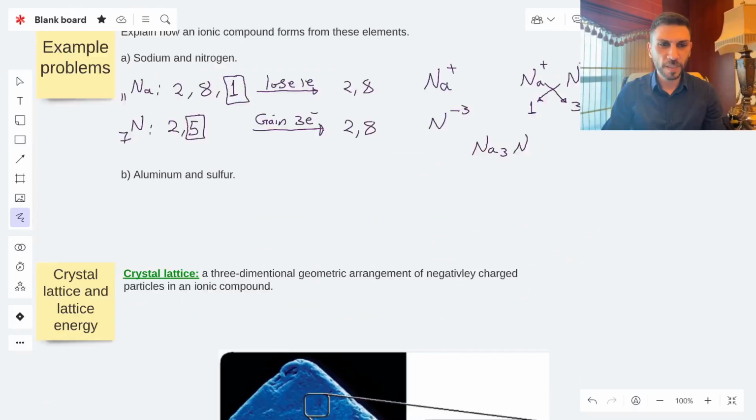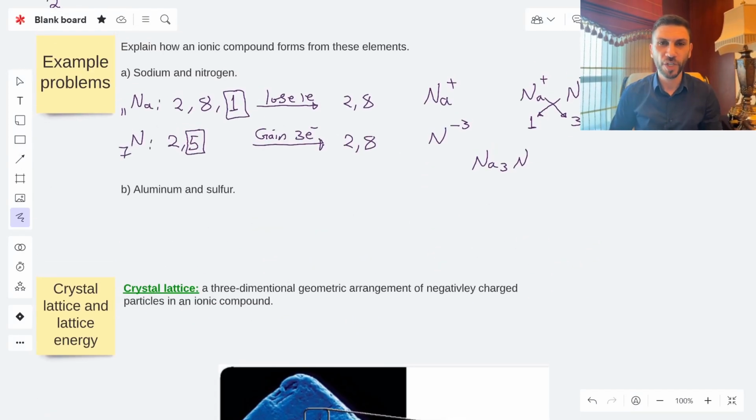Another example, I want you guys to pause the video and try to solve it for B. All right, for B, aluminum, Al, from the periodic table, it has atomic number of 13, and then the electron configuration is 2, 8, and 3.